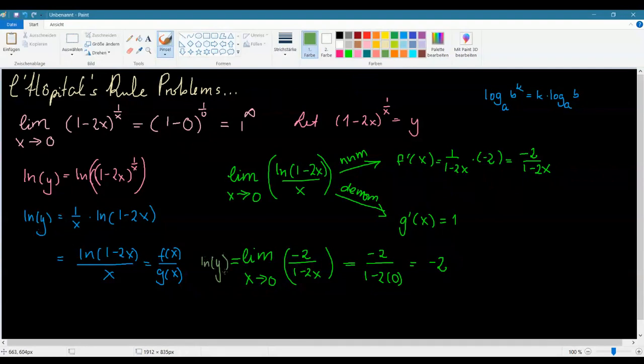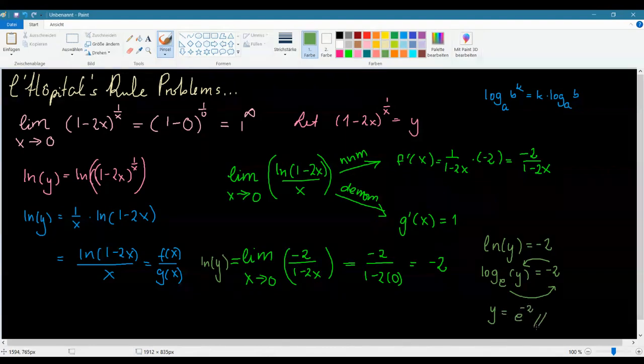This is ln of y. So in order to get our final solution, we write ln of y equals negative 2. Well, do you know how to convert this back? This is log base e of y equals negative 2, and therefore we know that e to the negative 2 equals y. So y equals e to the negative 2. That is our solution. That is our limit. Our limit is e to the negative 2.